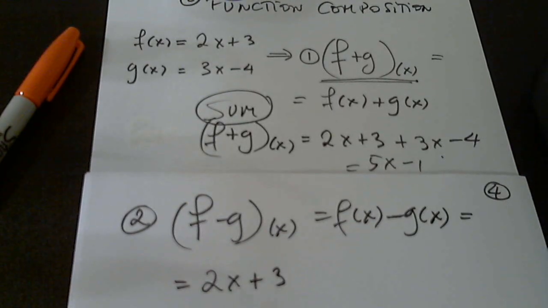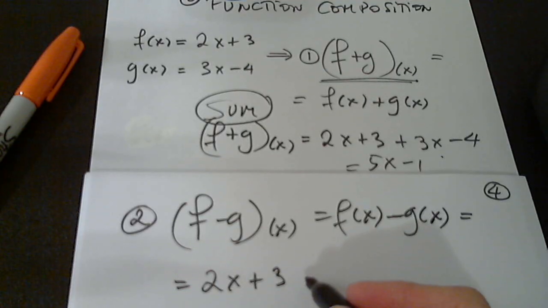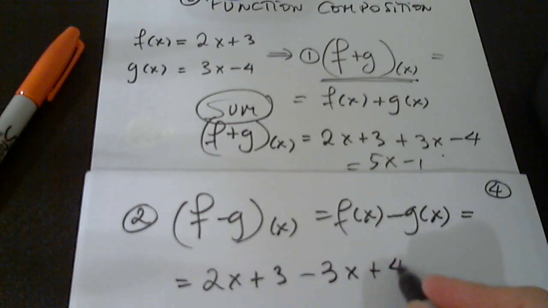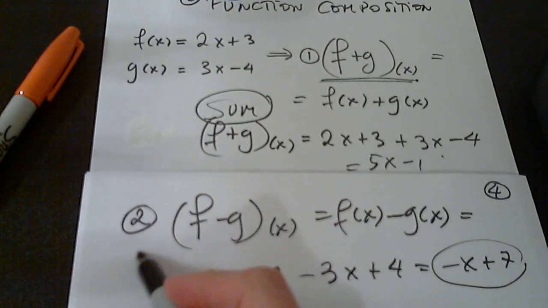What should I write when I distribute negative 1 to 3x minus 4? Negative 3x plus 4. Very good. Now we combine like terms, and we get negative x plus 7. This is the function called difference.